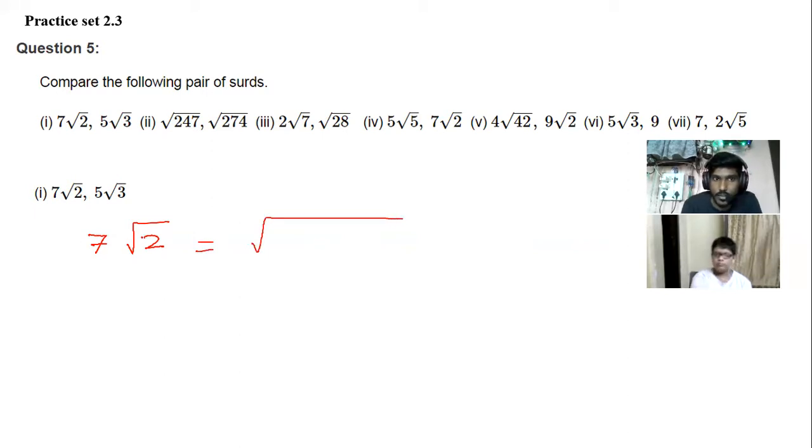You take the square of the 7 and write it inside the radical sign. So square root of 49. And then you multiply it with the number which is already inside the radical sign. That is 2. So you will have to multiply 49 with 2. How much is 49 multiplied by 2?